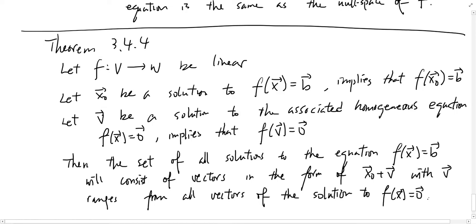If you have a system of linear equations, then the solution is always formed by adding the homogeneous solution to a particular solution. And that is basically what this theorem is saying. Except that in this theorem, the vector x sub 0 and vector v don't have to be vectors in Rn, but they could actually be anything, depending on what the vector spaces V and W are. Okay?